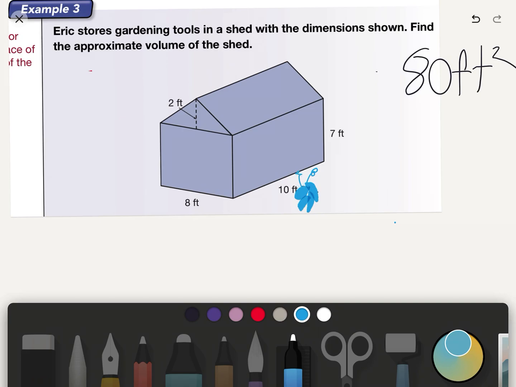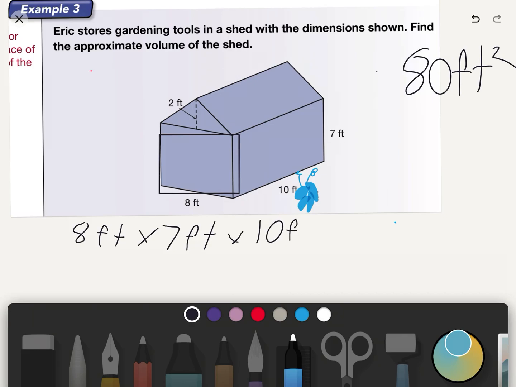Okay, so now let's figure out the rectangular prism here. So pretty simple. We can just look at this as 8 feet times 7 feet times 10 feet.